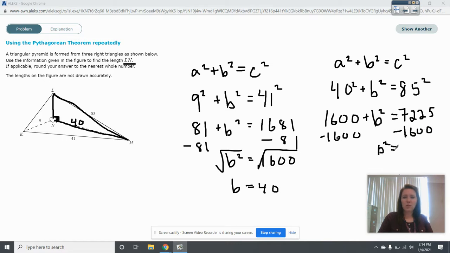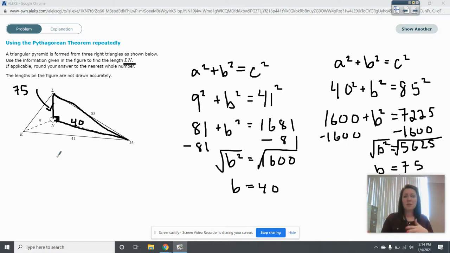B squared equals 5,625. We're not done yet. Thank goodness, because that's a huge number. Take the square root on both sides, and the thing we actually care about equals 75. So now we know this length that we wanted to find out is 75.